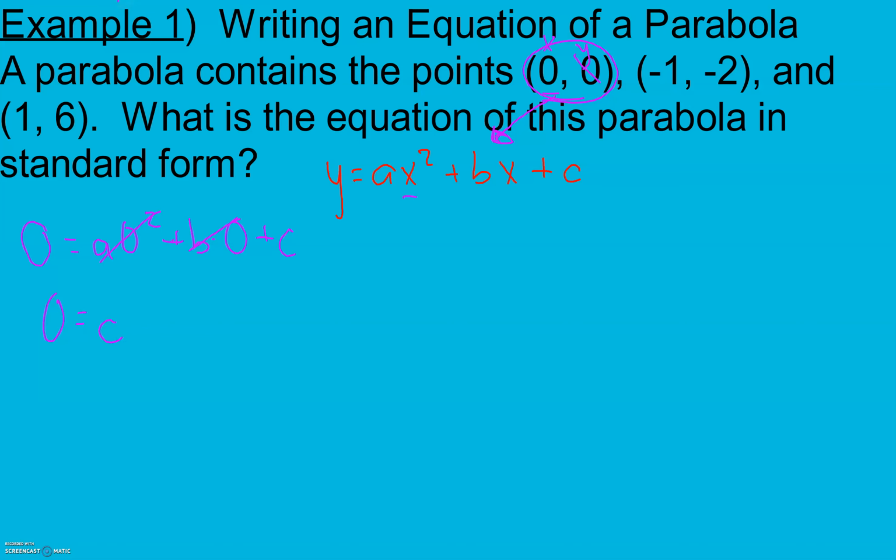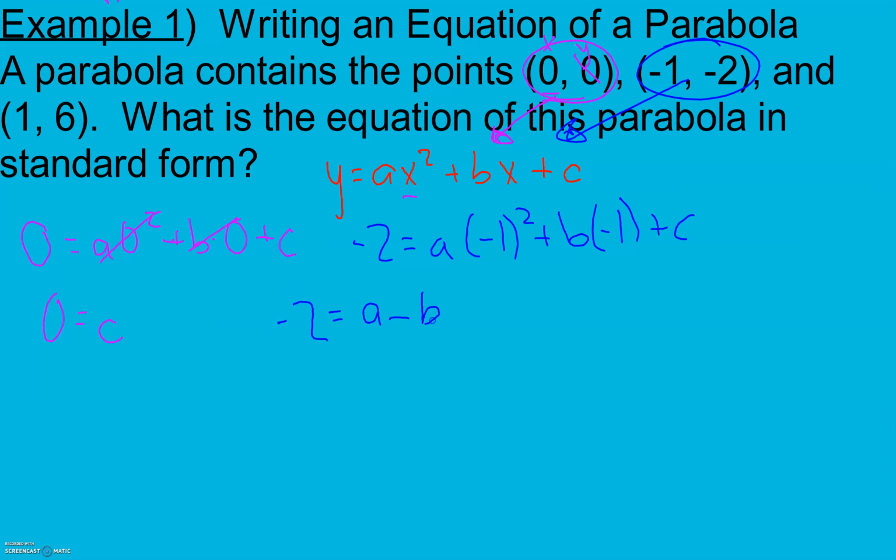I can do the same thing with my second point. y is -2. a we don't know, but we know x is -1. b we don't know, but x is -1. And c. When I simplify here, I get -2 equals a minus b plus c.